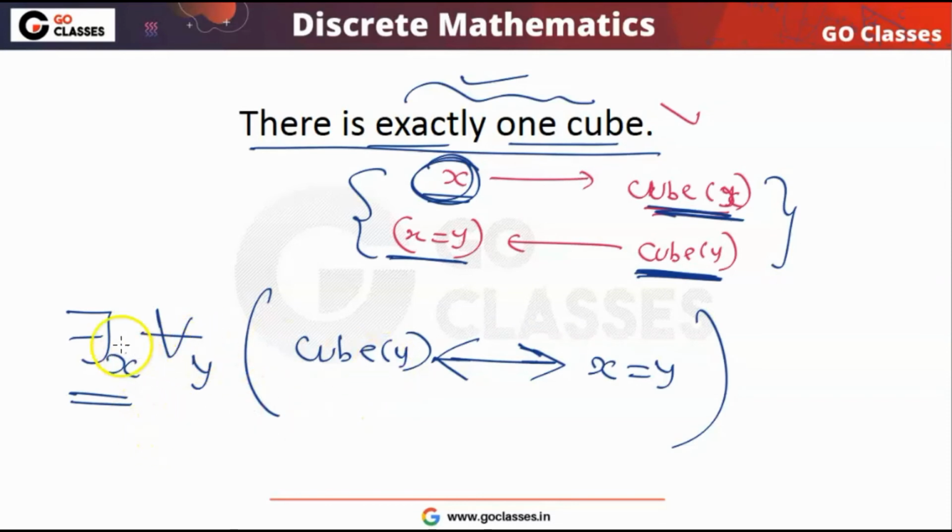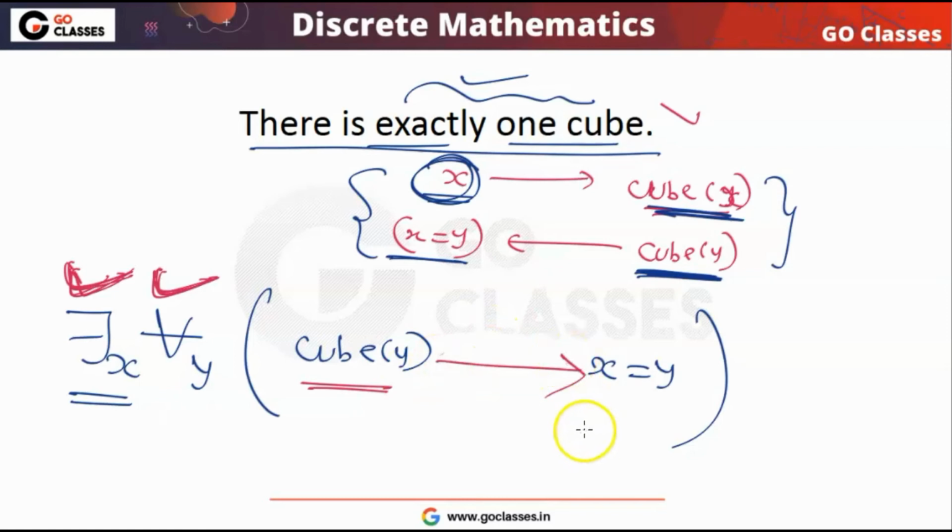Now you can notice we are saying that there exists x for all y, meaning there exists a cube. This x must be a cube, and for all y, if y is a cube, then y is equal to x. So let's look at this arrow that we have, because if y is a cube, then y should be equal to x.